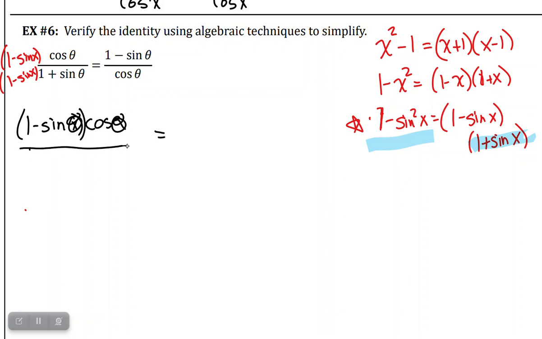And in the denominator, when I FOIL, I get 1 minus sine of theta plus sine of theta, minus sine squared, and sorry, I keep switching to x, it should be theta. Now, what do you notice? Hopefully you notice that the middle terms cancel out, correct?